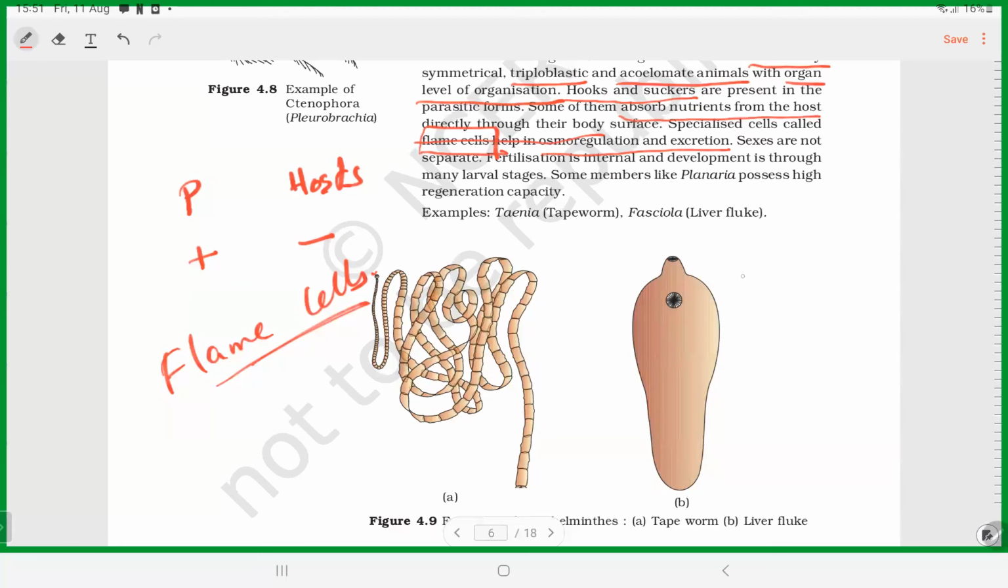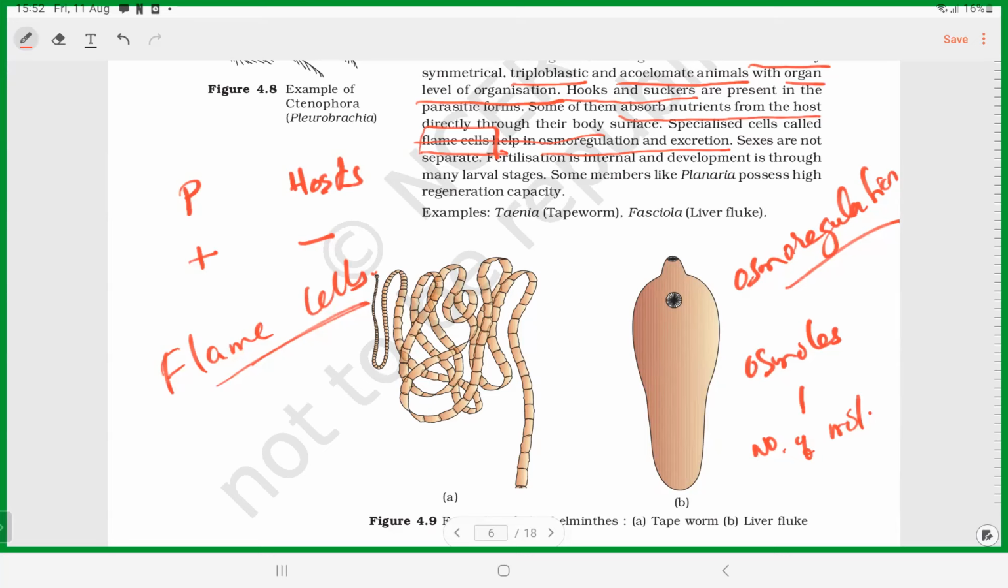What is osmoregulation? You can see one term, osmoregulation. Osmoles means the number of molecules, or active molecules. That's called osmole. Osmolarity means that concentration.